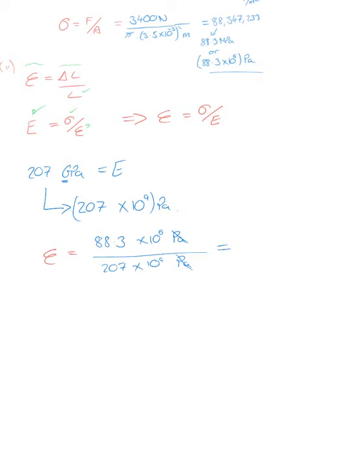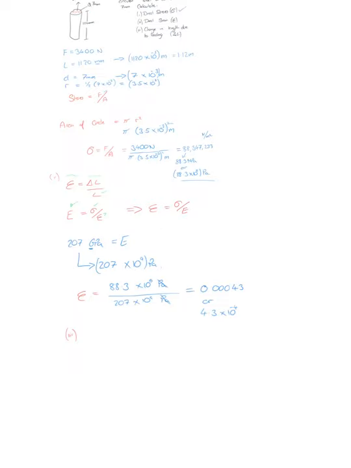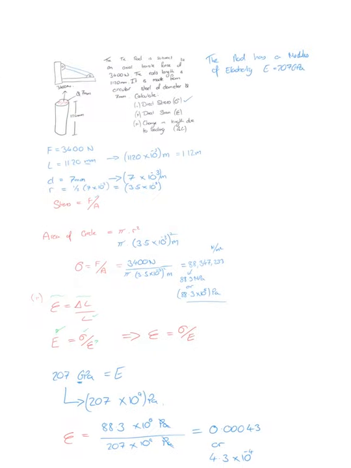And this should work out to be equal to 0.00043, or I can rewrite this as 4.3 by 10 to the minus 4. Okay, so now I've solved for stress and strain.